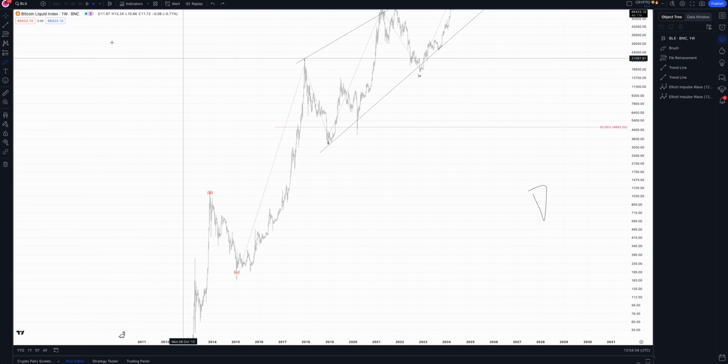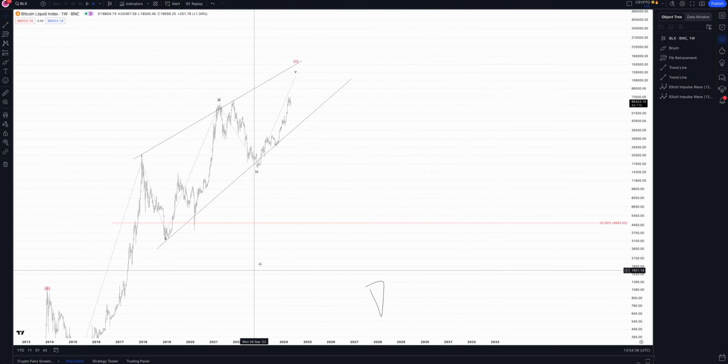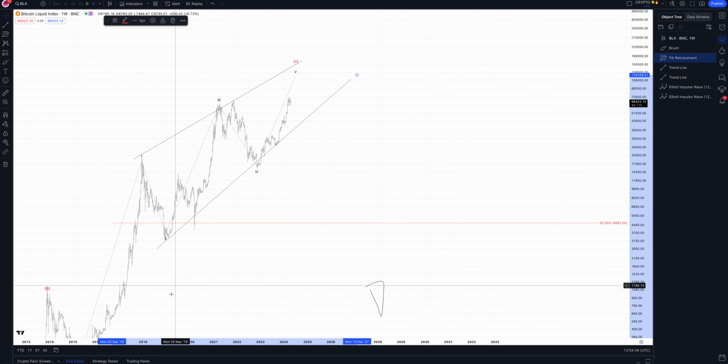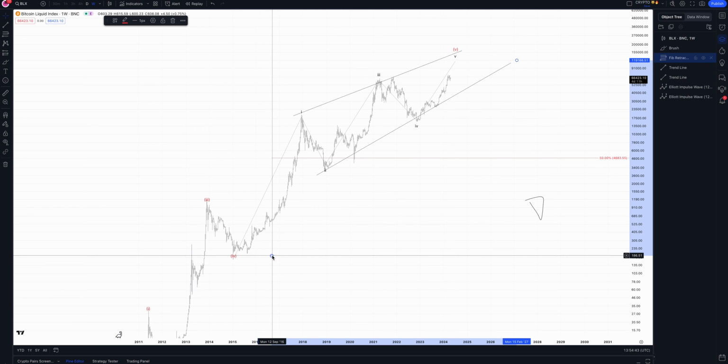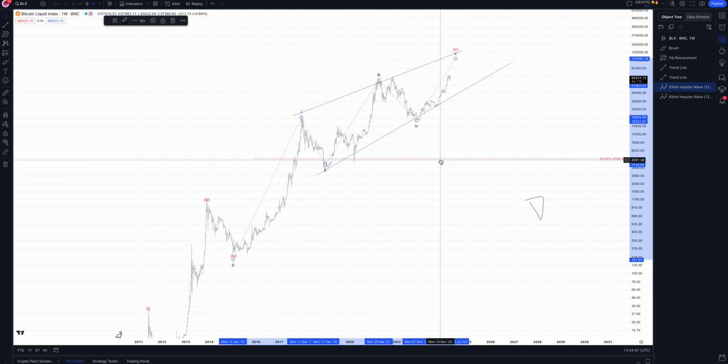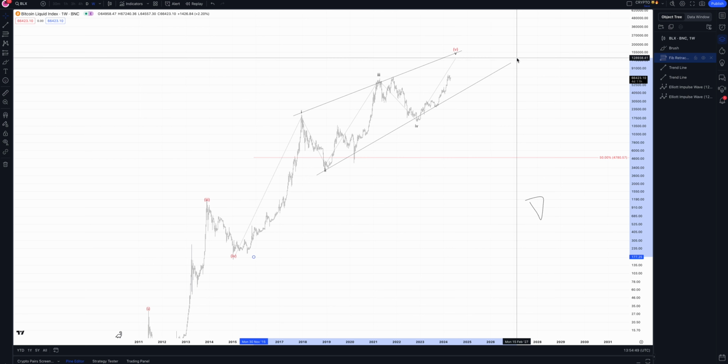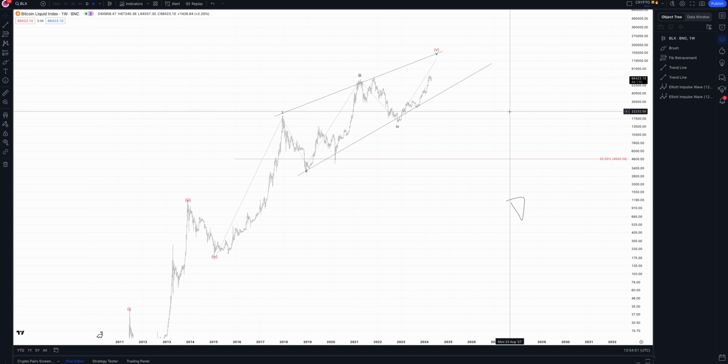region. And the reason I say $5,000 is because if we just take a simple fib, from this wave 4 low before we enter into the ending diagonal up to the expected high at around 120,000, the 50% is around that $5,000 region.